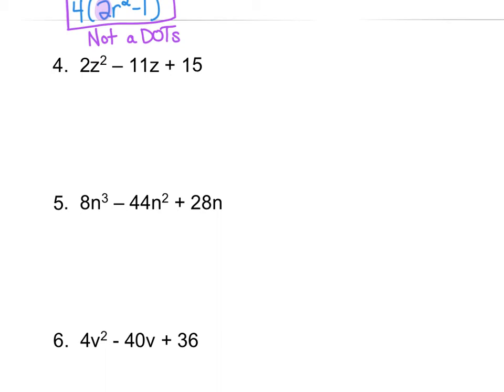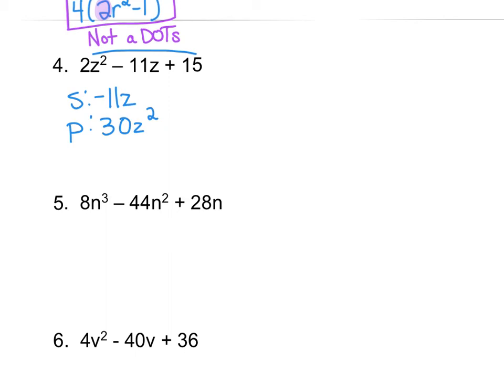So we'll skip to the second part, which is to actually factor it. We would look for a perfect square trinomial. These are not perfect squares. So let's look for the sum and the product. We want something that adds to negative 11z and multiplies to the 2 outside terms, 30z squared.